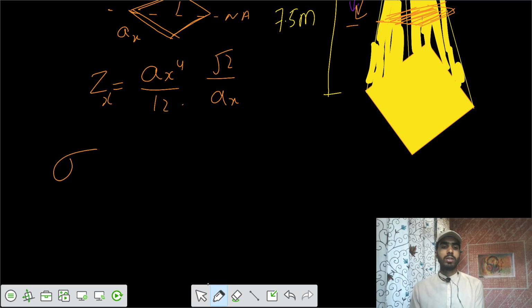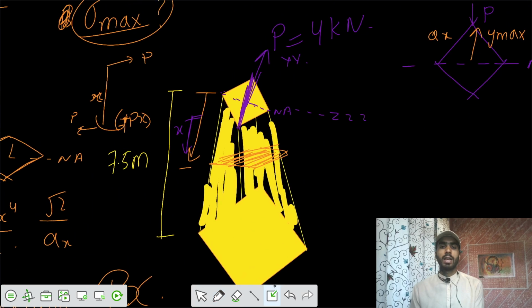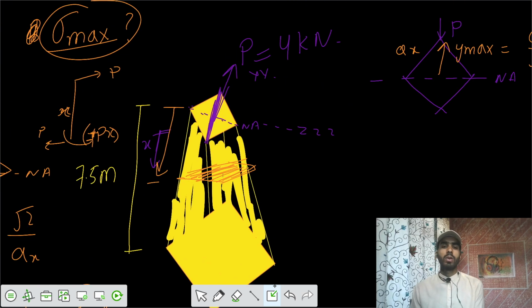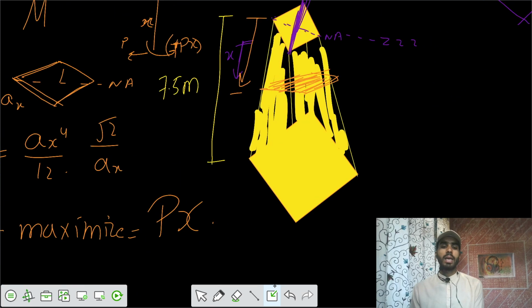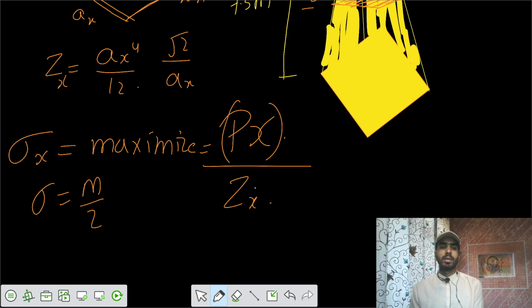Finally, if we want the maximum bending stress, sigma x, we want to maximize it. So we write P into x, where P was equal to 4 kilonewton, but let's keep the symbol P. Sigma equals M by Z, so we write Px divided by Zx and substitute the values.